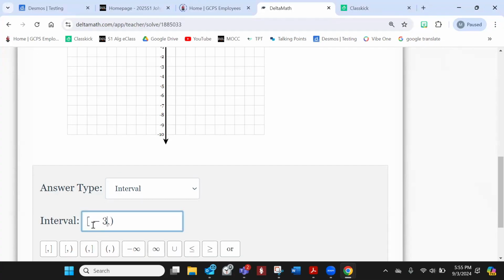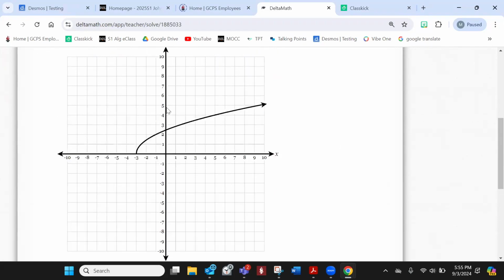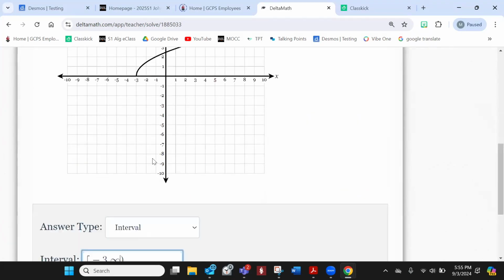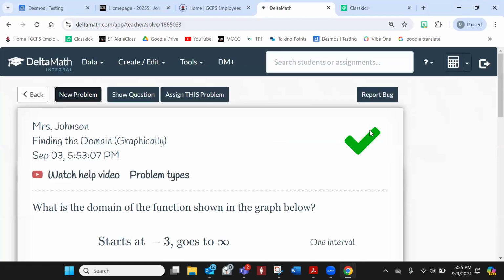So it starts at -3, and it goes to positive infinity because it's pointing to the right. So it starts at -3 and goes to the right. So is any number greater than or equal to -3? That's what I was trying to say, but I couldn't get it right. All right, so let's hit it. And yes, that's the answer.